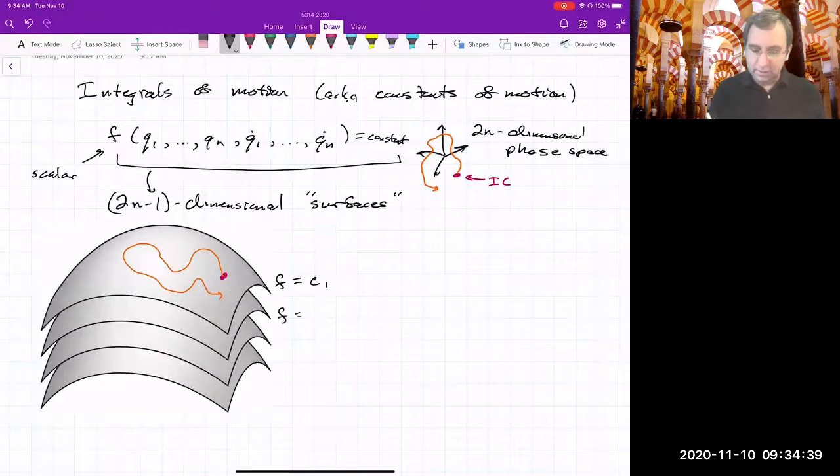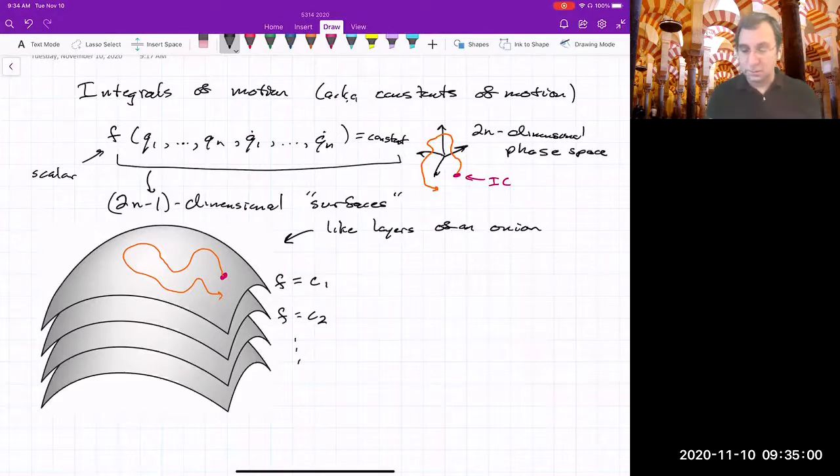And then here's f equal to c2, and so on. There's a whole continuum. But each surface is separate. In fact, they're sort of like the layers of an onion. And depending on what initial condition you have, you'll be on a different layer of the onion.